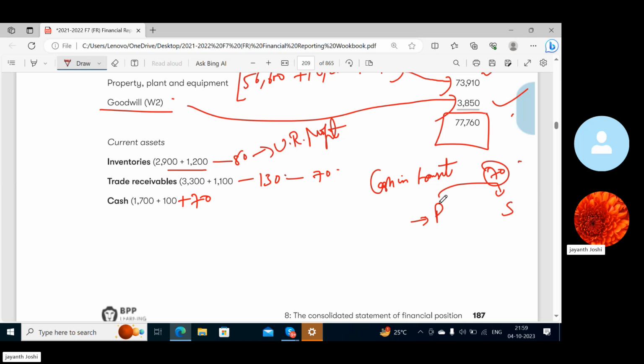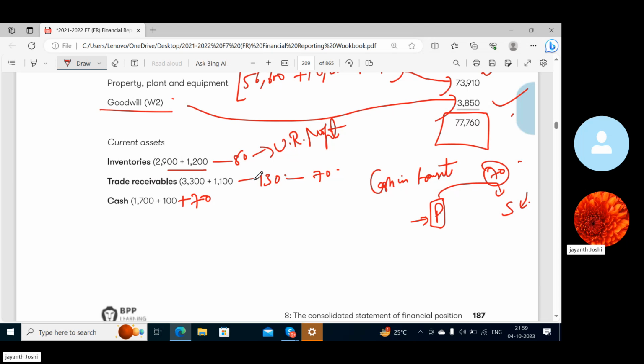So for the parent, the money has been sent, and that is clear. For the subsidiary it is not clear because the money hasn't reached them. But when you make a group account, the cash is in the company itself, and there are no receivables now. Why are there no receivables?